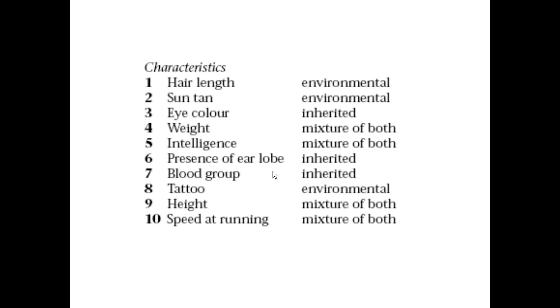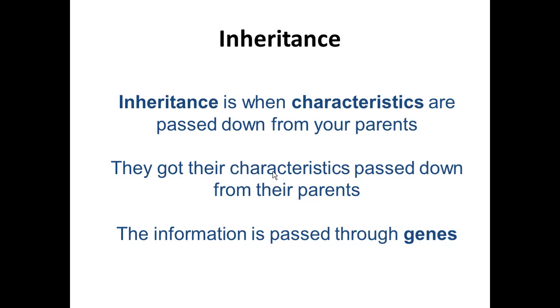So now let's move forward and focus a little bit more on inheritance, because we were talking about inherited variation, and I said that they are features that you can inherit from both your parents. But how does this happen? Inheritance is when characteristics are passed down from your parents, and the information is passed through genes.